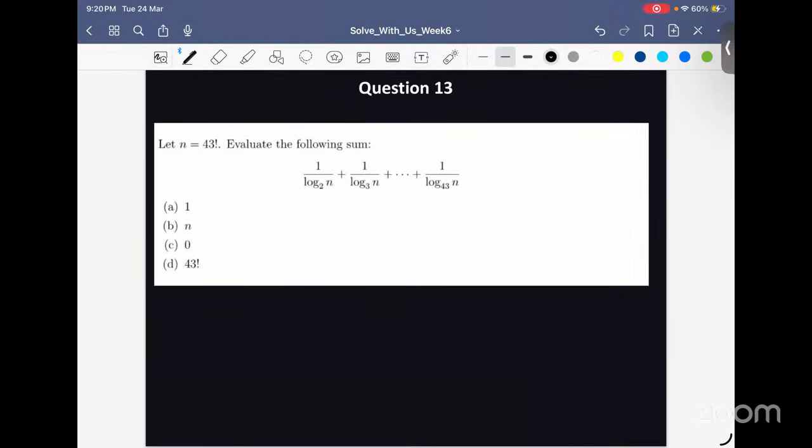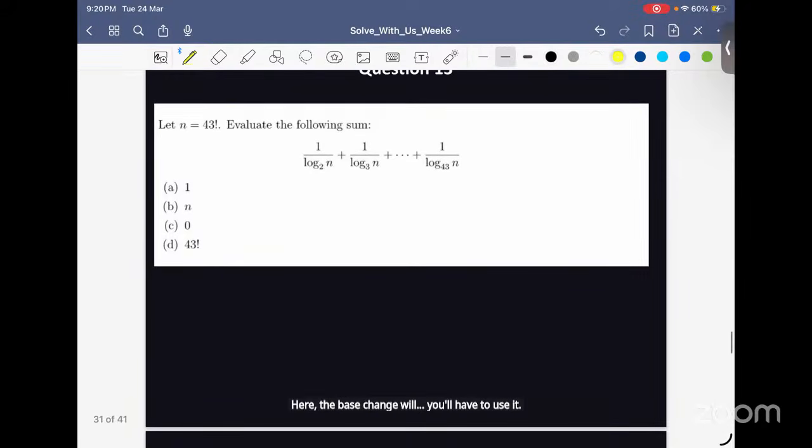Next question: evaluate the following sum. Here the base change you'll have to use. If you change the base, what will happen?